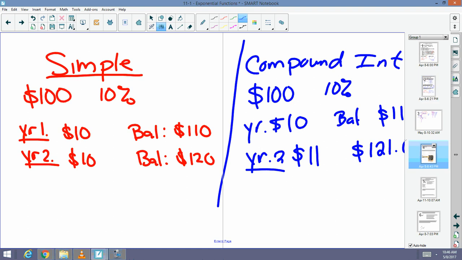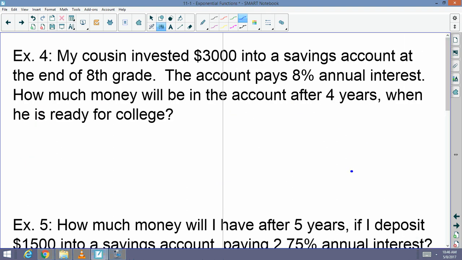Okay, now, my cousin invested $3,000 into a savings account at the end of 8th grade. The account pays 8% annual interest. How much money will be in the account after 4 years when he is ready for college? Yes, sir, my brother. Yes, y equals, I like your style, I like your attitude. 3,000, because that's the amount he started with.